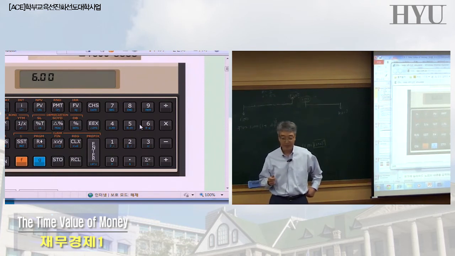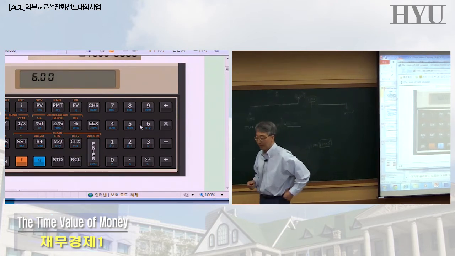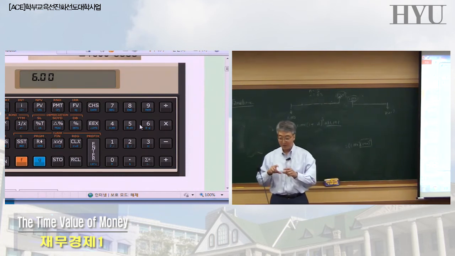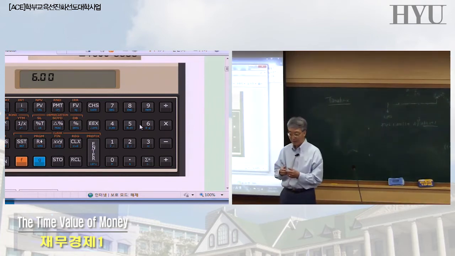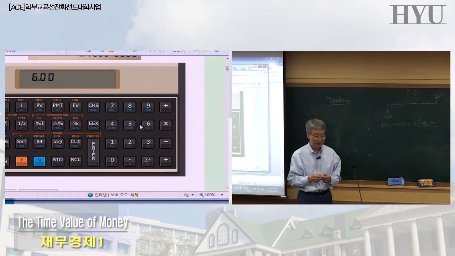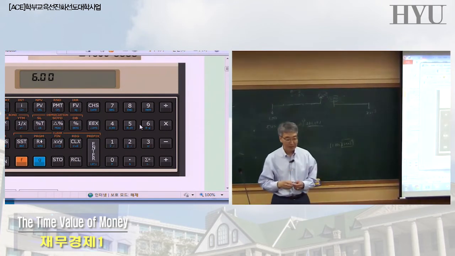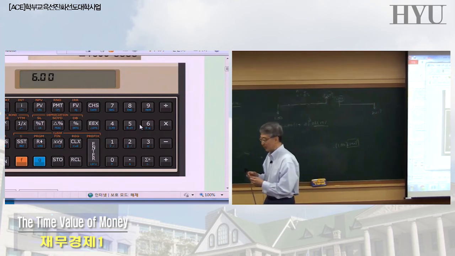This HP12C has been around for more than 20 years, I would say almost 30 years. And a long time ago, believe it or not, we did this using this. This is the sideways way. The way you use the calculator is you hold it like this and use your thumbs, just like you text these days. And texting was not around until about 10 years ago, but 30 years ago, financial professionals were doing this already.